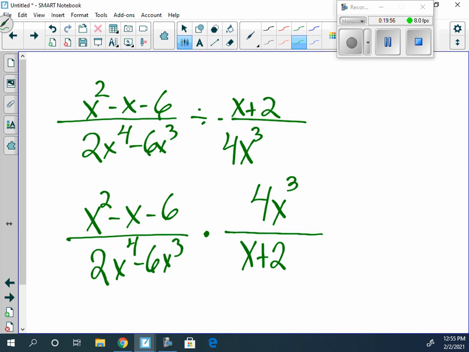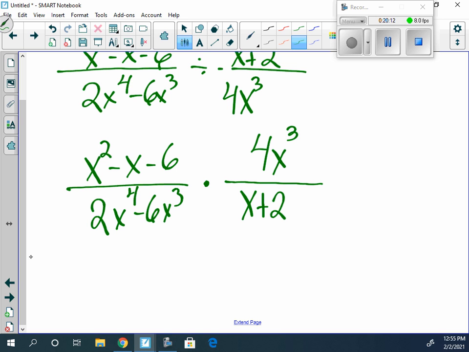The main reason I say that is because if we start factoring and doing other steps and you're not paying full attention, it's easy to jump straight into crossing stuff out and simplifying before you actually flip it. So on all the division, the first thing I would do before factoring is change it from division to multiplication and flip the second fraction.